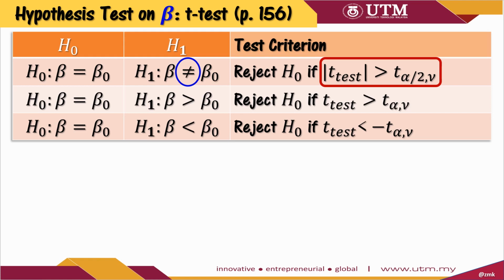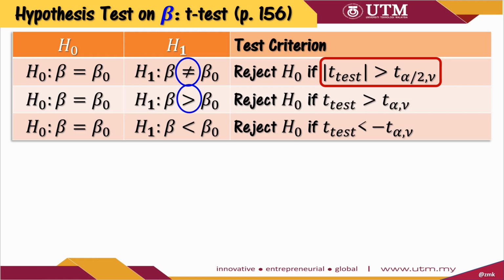As in chapter 4, when you have a modulus like this, you can use an alternative decision rule, which is to reject H naught if t-test is less than negative t alpha over 2 nu, or if t-test is greater than t alpha over 2 nu. The second option is a right-sided alternative hypothesis test, where under H1, beta is greater than beta naught.